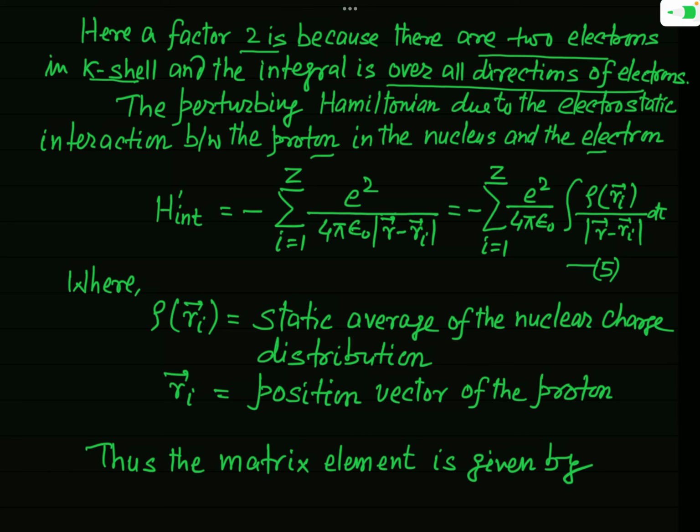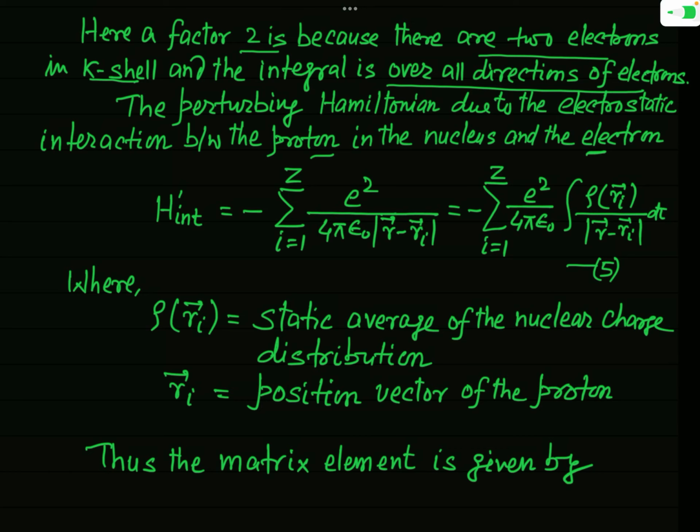Due to this electrostatic interaction, an electrostatic potential energy will be developed, and that potential energy changes the Hamiltonian. So the potential energy due to interaction between the proton of the nucleus and the electron is the extra term in the Hamiltonian, and that is called the perturbing Hamiltonian. This is just an internal interaction.